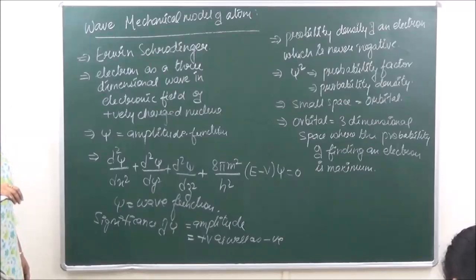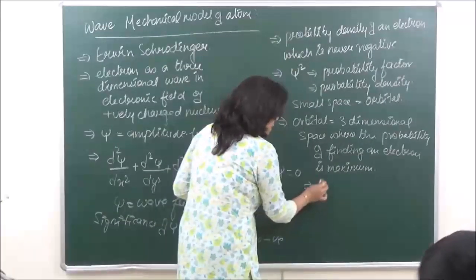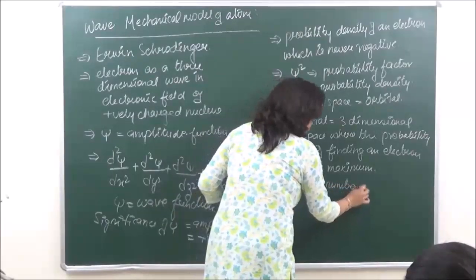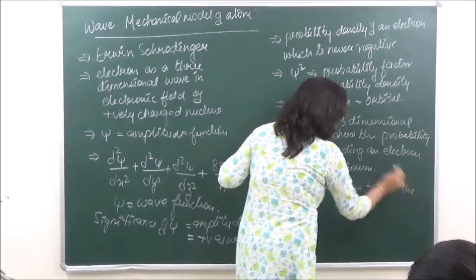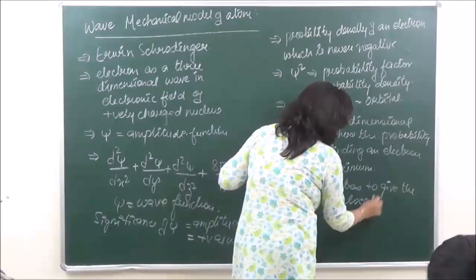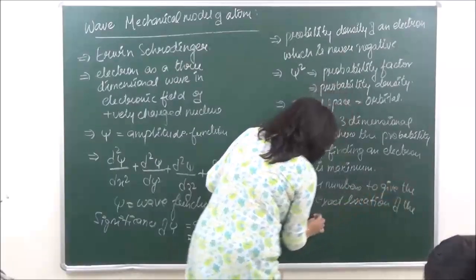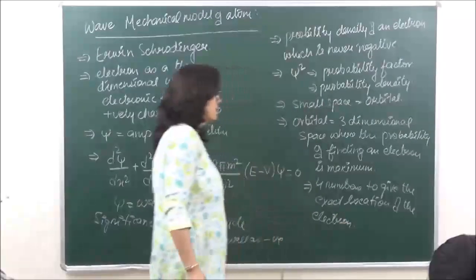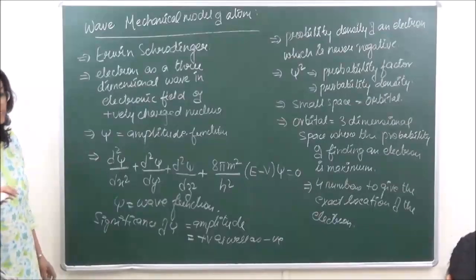Now, Schrödinger also suggested four numbers to give the exact location of the electron, which were known as quantum numbers, which we will discuss in the next session.